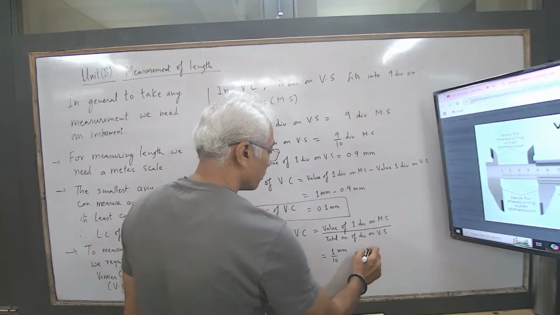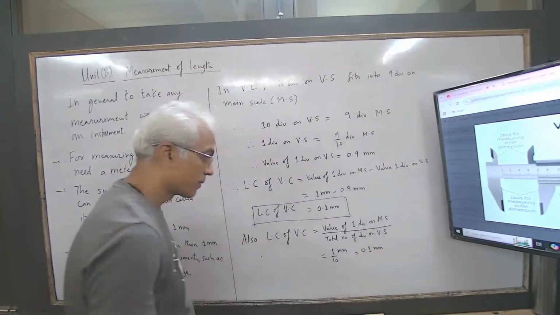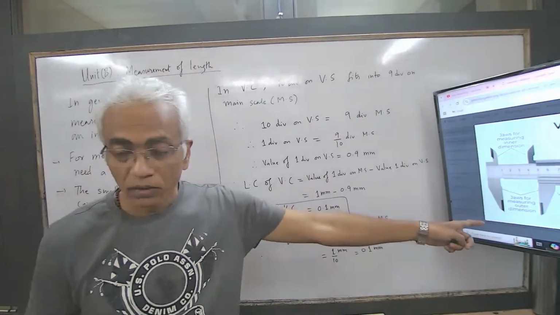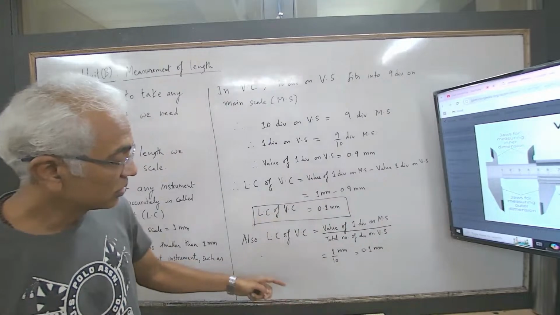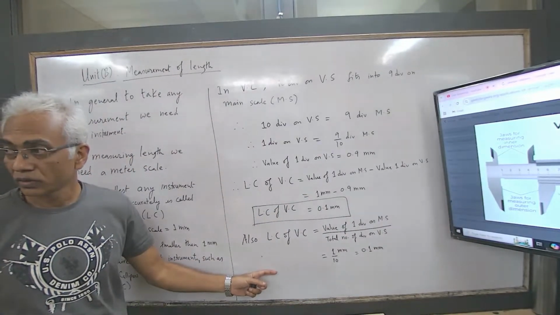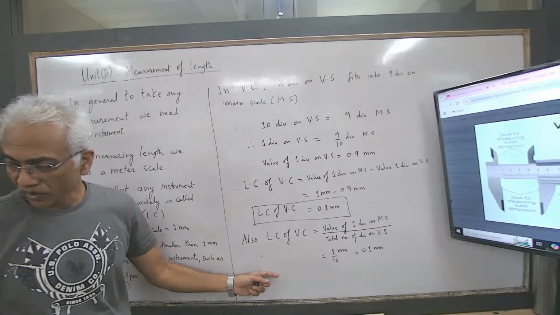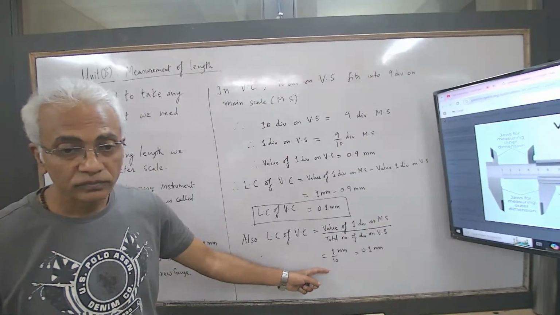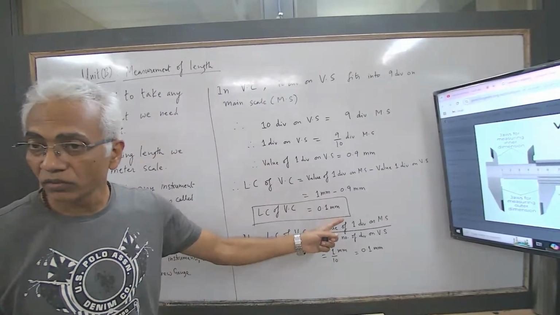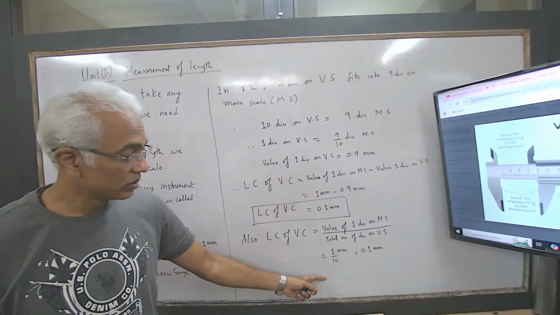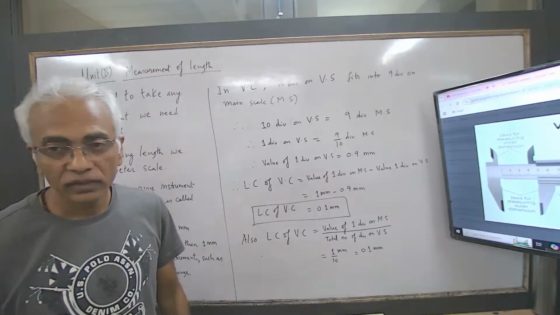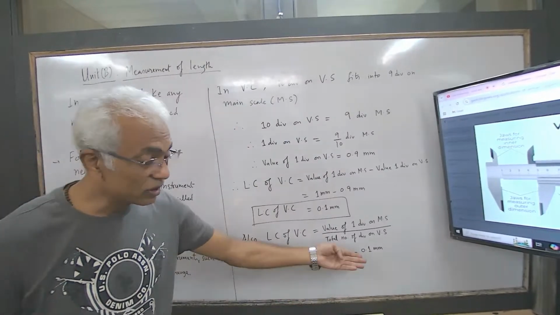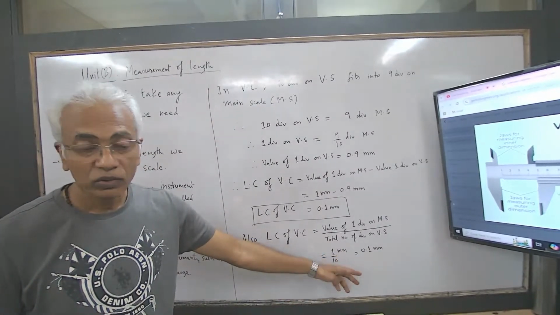Correct? So this way also you can find out. Got it? So before taking measurement by vernier calipers, the first thing you will do is calculate the least count. And generally, let us say if the number of divisions here was 20, then what would it be? Smallest division on main scale divided by 20. 1 by 20 will be 0.05. So least count has even improved.